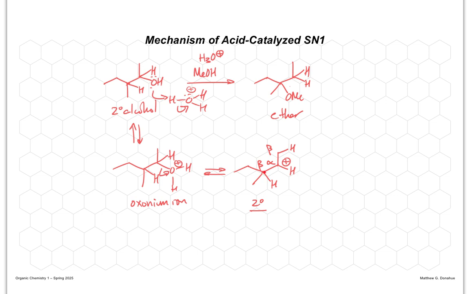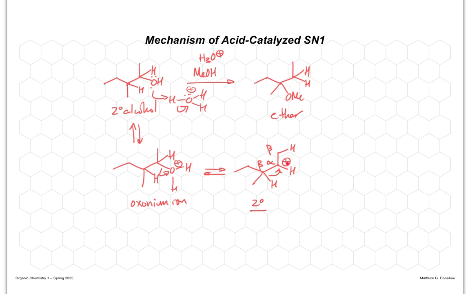When we look at this beta carbon, if we move this hydrogen over here, the class of that new carbocation is what? Tertiary. So secondary can rearrange to tertiary because it's more stable. The reason it's called a hydride migration is that the electrons in this carbon-H bond move over.